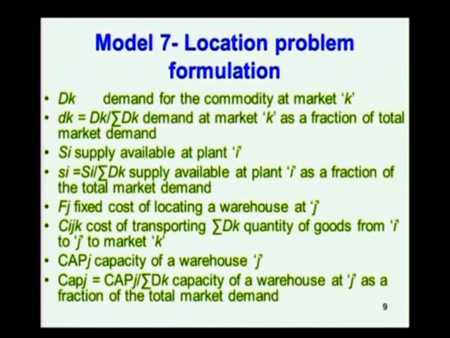We could also look at more advanced location problems, particularly for multiple products. So far the models that we have seen are largely for single products, and now these can also be expanded to looking at multiple products and fixed toll.